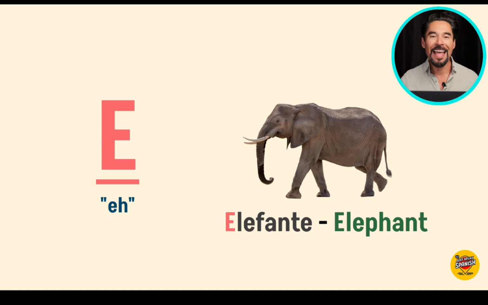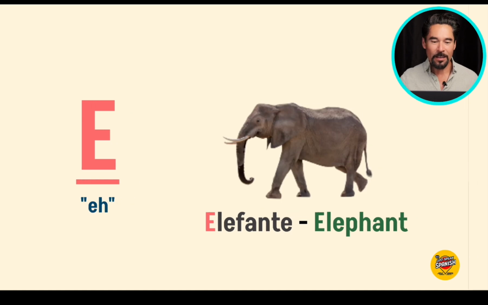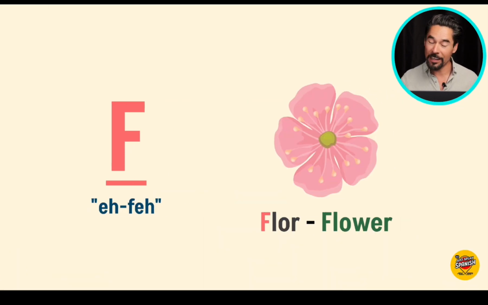Repeat after me. Elefante. Elephant. All right. Next, we have the letter F. And in Spanish, it's F. The word we have for it is flor. Flower. Flor.